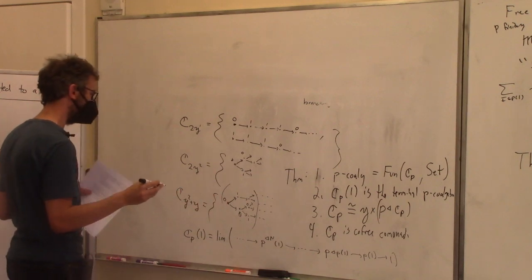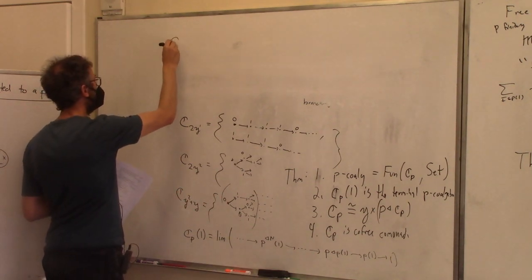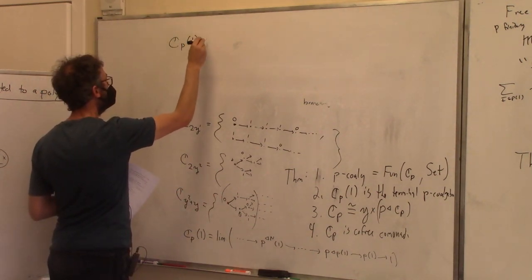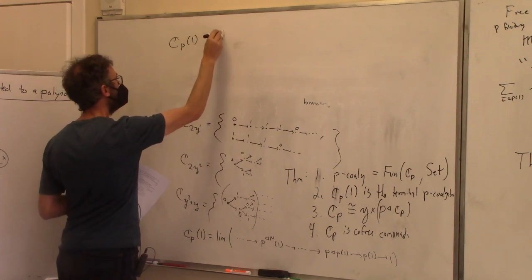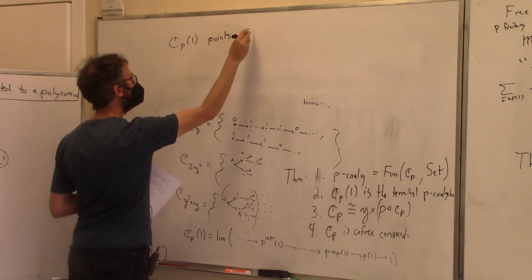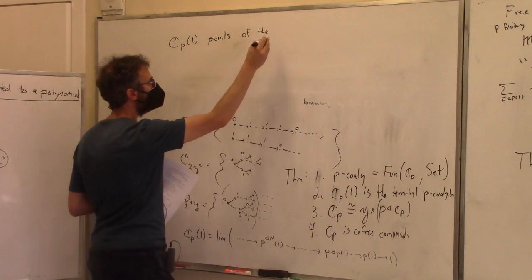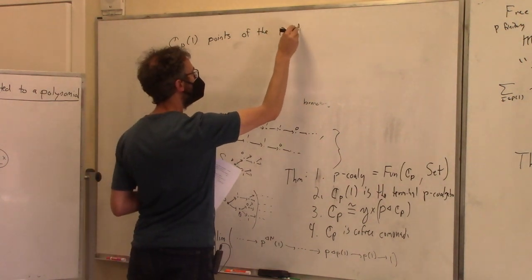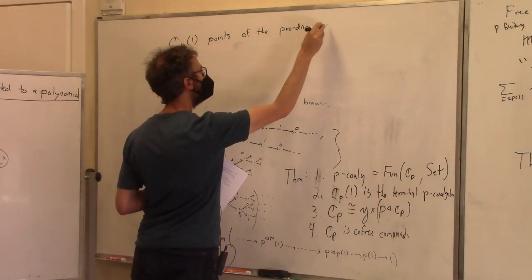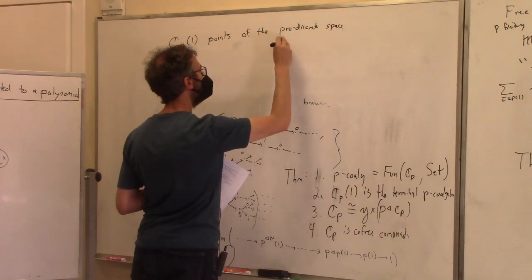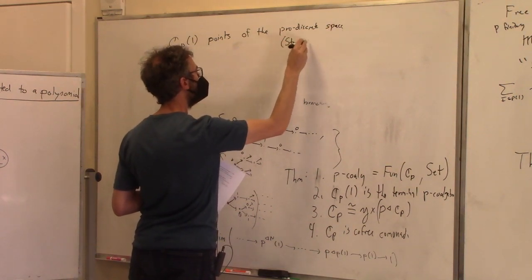right. I don't really have time to say this, but what I want to say is that C_P of 1 are the points of this limit. There's this pro-discrete space. If P is finite, this would be called a Stone space.